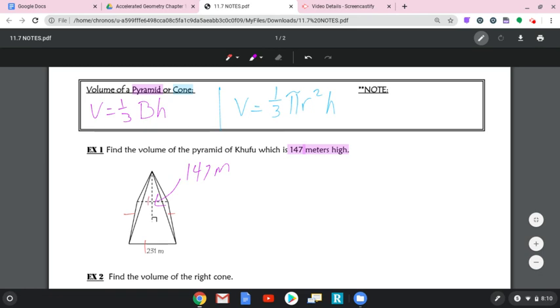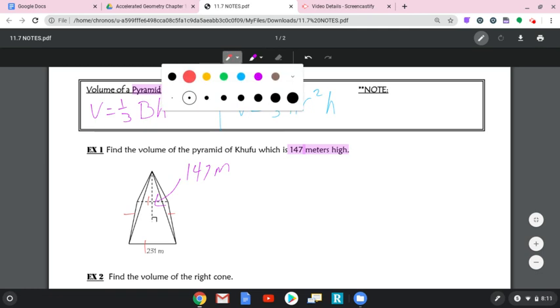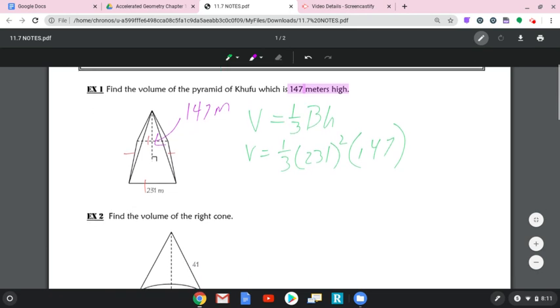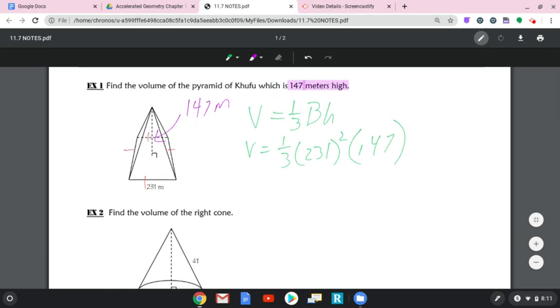All right. So now if I want to find the volume of this pyramid, I am going to use my formula. I'm going to say my volume will equal 1/3 the base area times the height. Well, the base area of a square, so that means it's 1/3 231 squared times my height of 147. So what will that be? What will the approximate volume of that pyramid be?